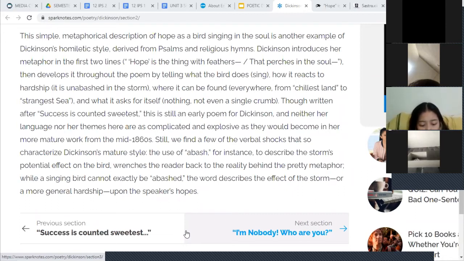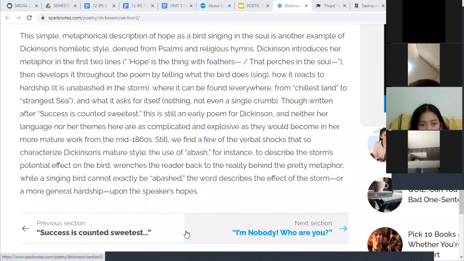It is unabashed in the storm, where it can be found everywhere from the chillest lands to the strangest sea. And what it asks for itself, nothing, not even a single crumb.